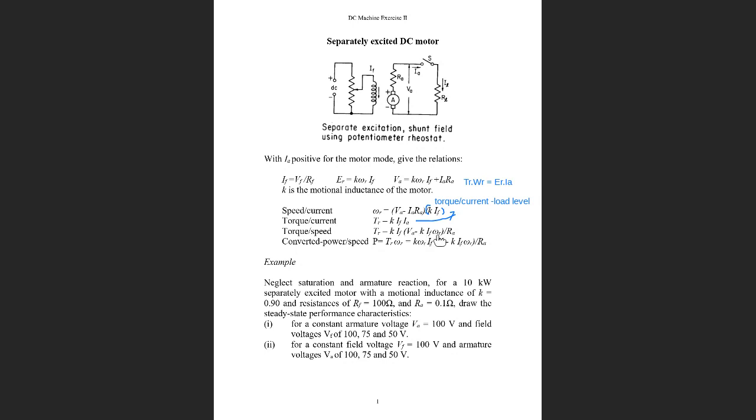Obviously here. The rate of the decrease depends on the field current. If the field current itself is very strong, then the torque decreases faster with the increase of the rotation speed. That's the meaning of it.